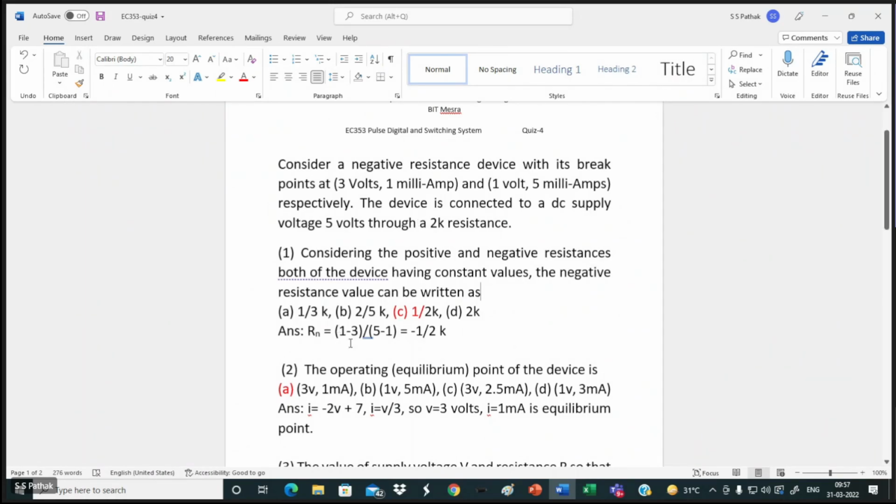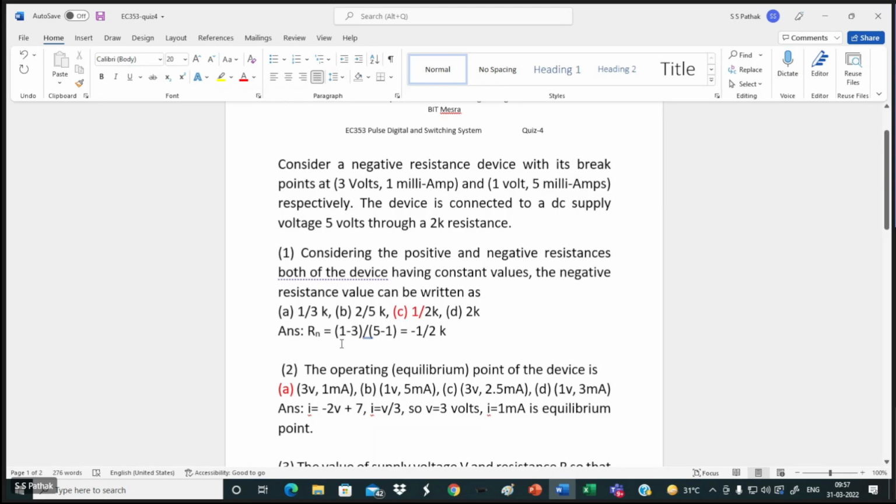I have given the values like that. Negative resistance is delta V by delta I. So delta V will be 1 minus 3, since 1 volt is here and 3 volt is here, so a negative voltage change, and the current change will be 5 minus 4, a positive current.